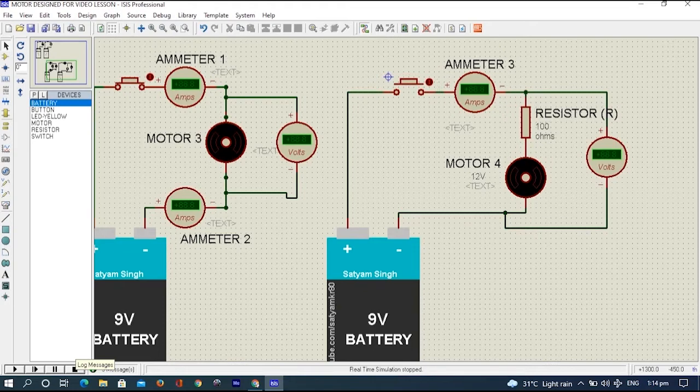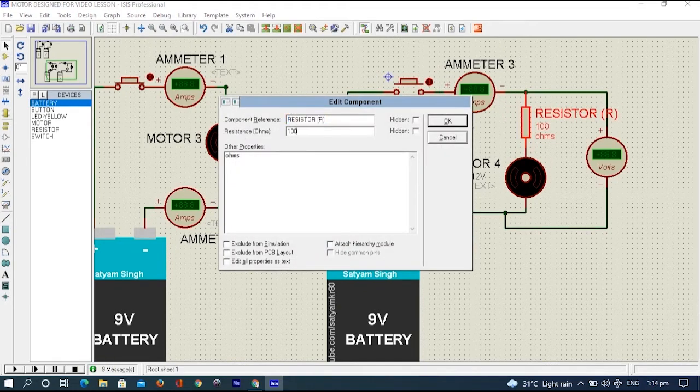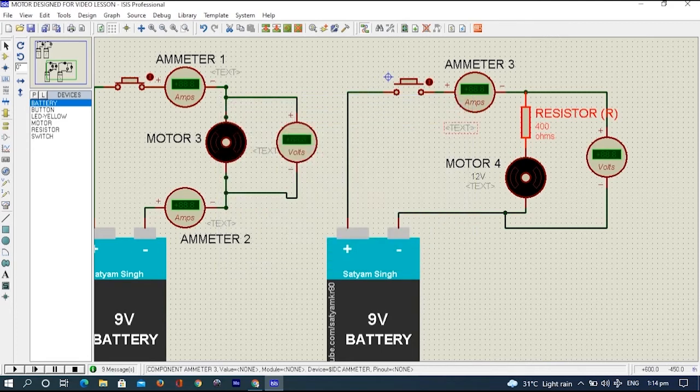Let's stop the simulation. Let's increase our resistance to 400 ohms. What do you think will happen? Let us see. Let's run this simulation.